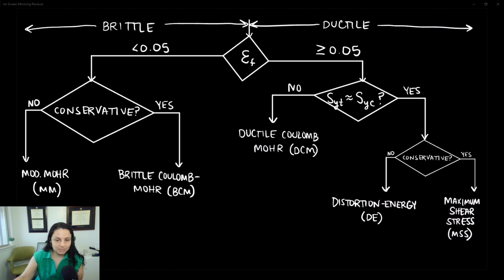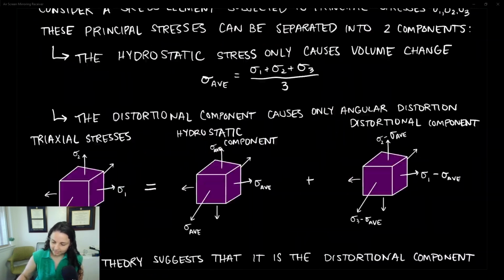There's a third option, and that is the maximum normal stress theory, which is where we're going to start off today because it is the most simple, straightforward of the three brittle failure theories. So let me come down here and write this one out.